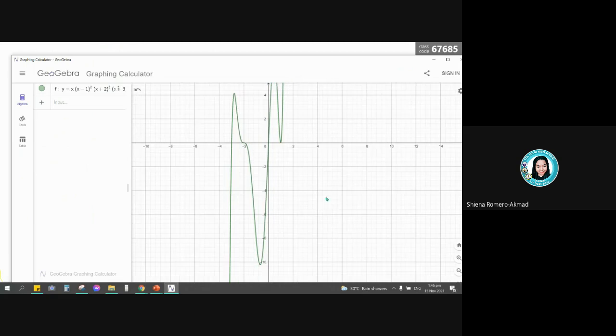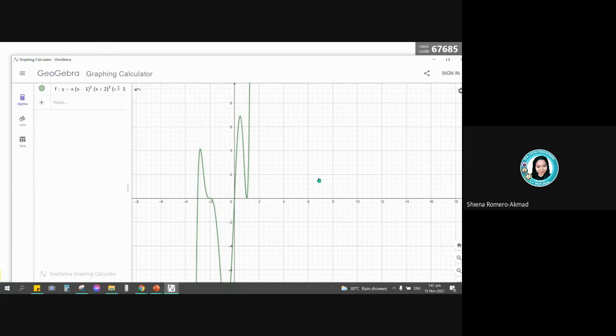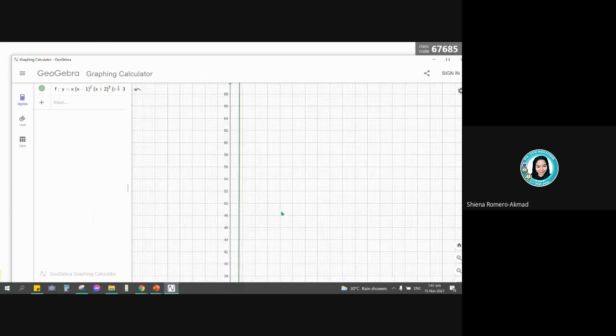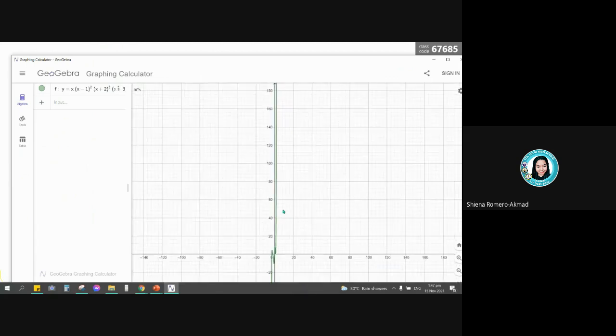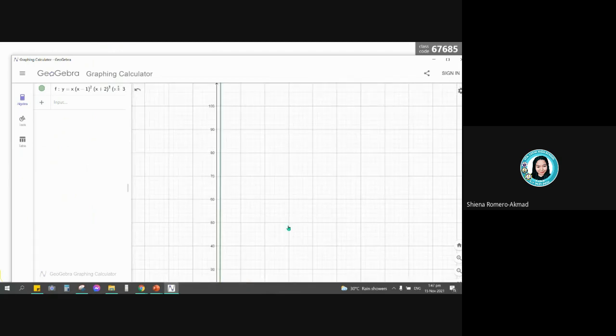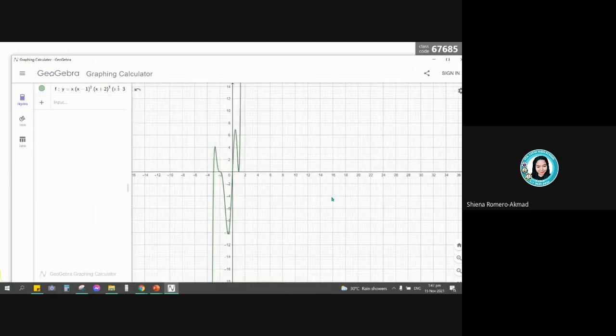So, kung makikita nyo dito, 1, 2, 3, 4, 5. Meron pa ba siyang dadaanan doon? Ayun, tignan nyo, 5 lang. Ibig sabihin talaga at most of our curve or turning points is 7.